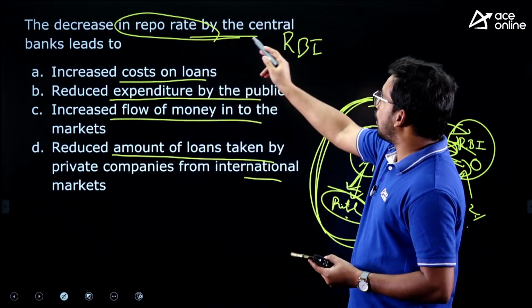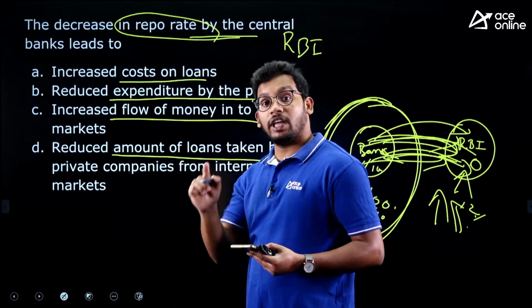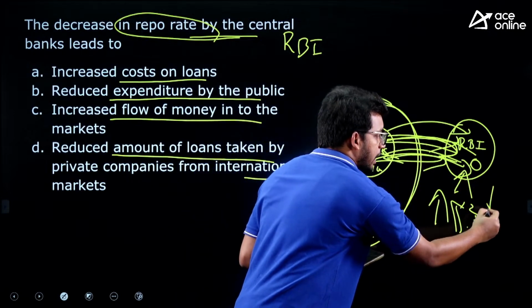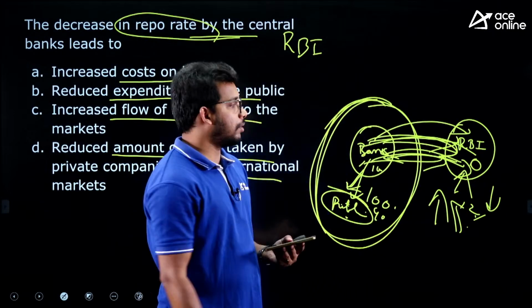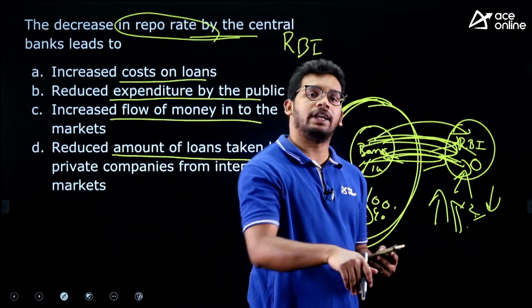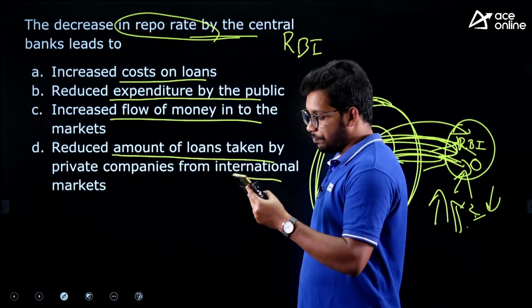The decrease in repo rate by the central bank. Now they have decreased the repo rate, so the interest that banks pay to RBI has decreased. Now what will happen?